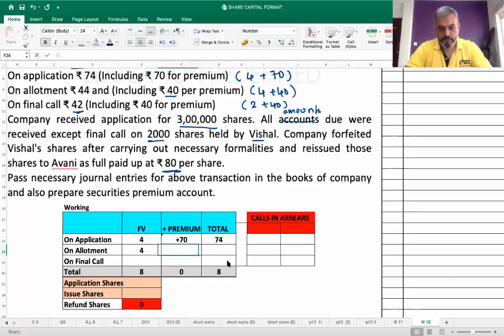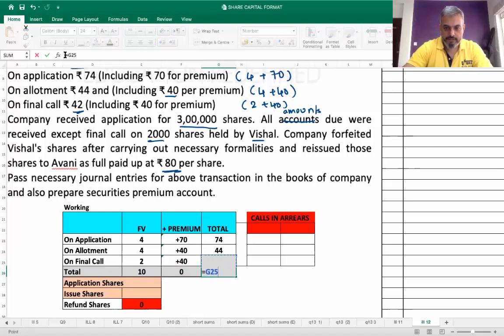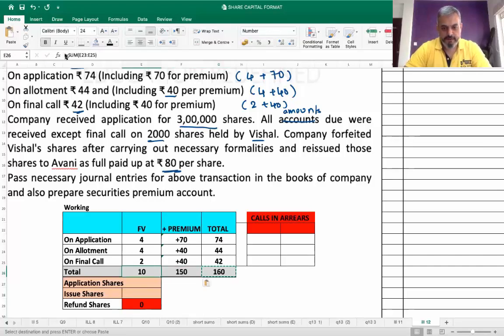On allotment 4 plus 40, so total comes to 44. And on final call 2 plus 40, 42. And the total 160, premium is 150 and face value is 10.